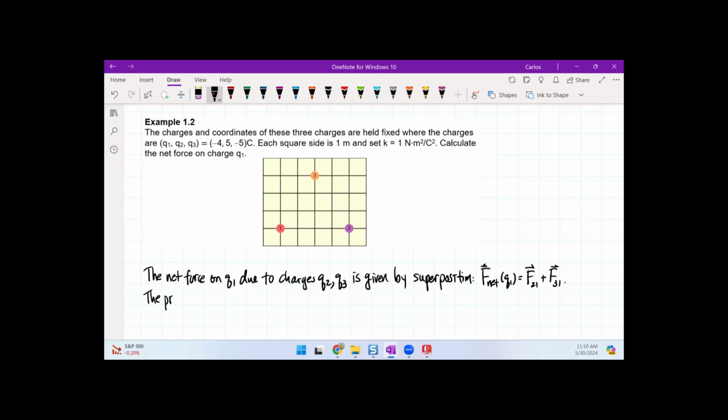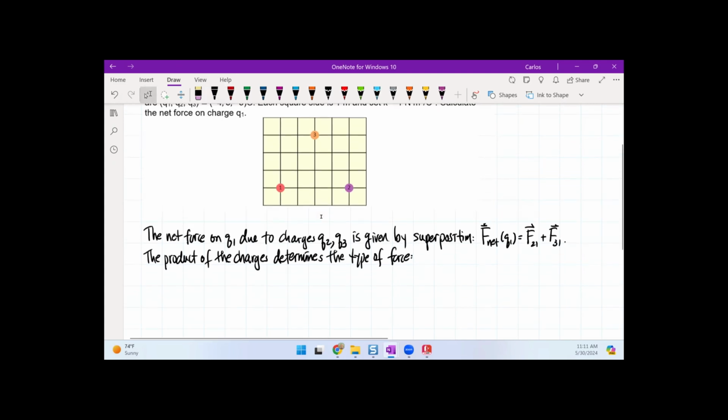The product of the charges determines the type of force.